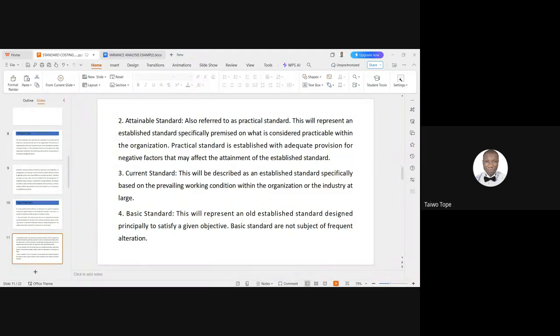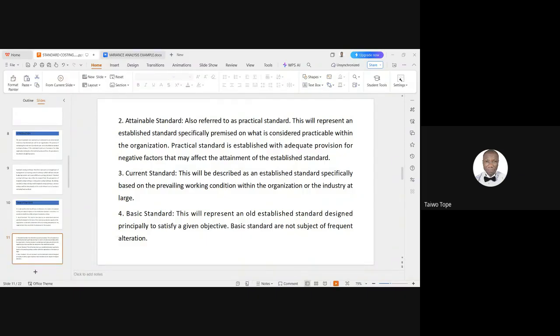As an organization, given your capacity, you shouldn't set a standard that is 50% for yourself. It will be realistic with your condition, and you work towards that. And as you work towards that, you make more profit, you expand to a more attainable standard.